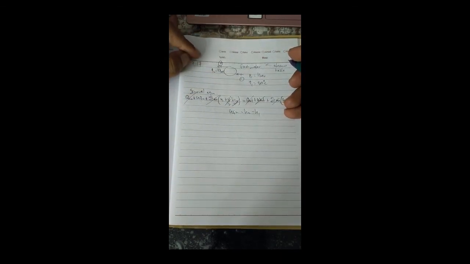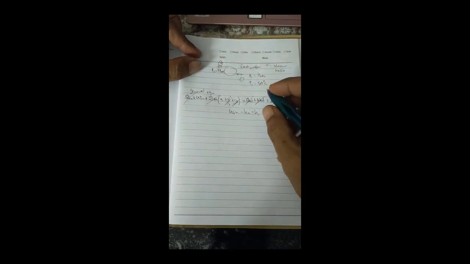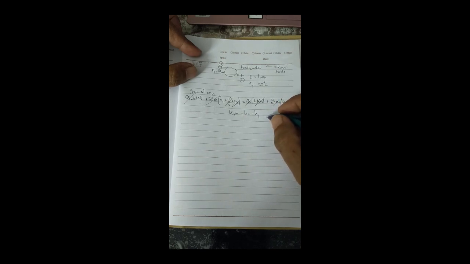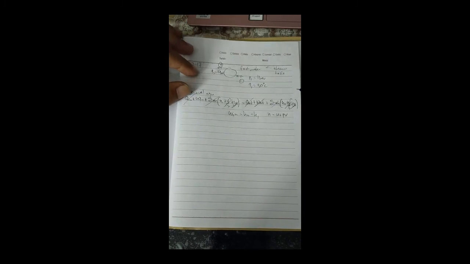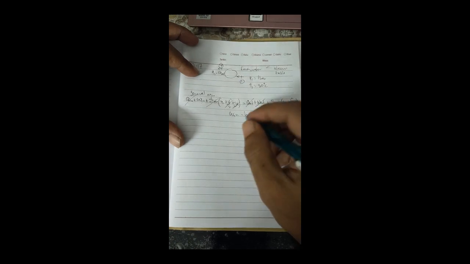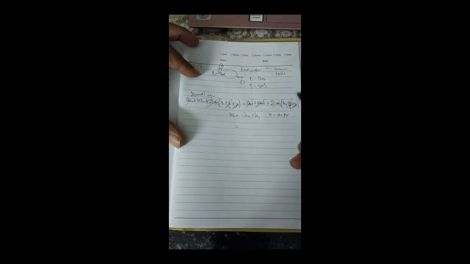Here, as we are dealing with fresh water: for air, enthalpy is CpT, but for water, H is U plus PV, internal energy plus pressure times volume. So we can substitute into the general equation.